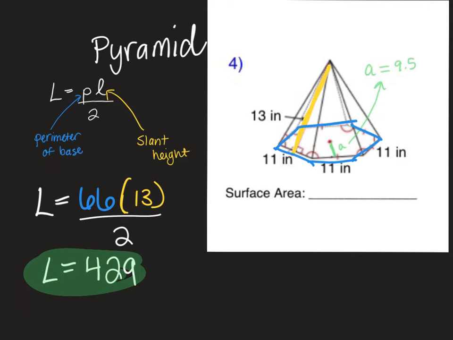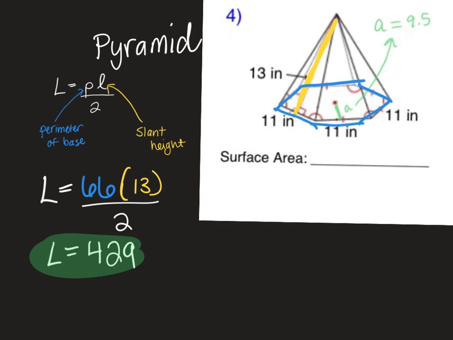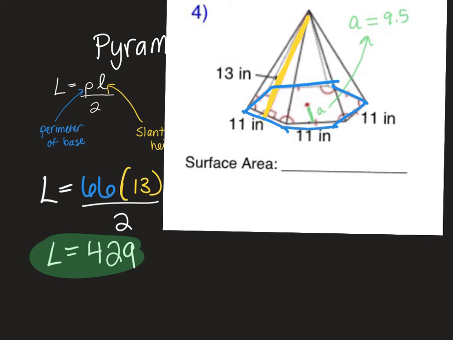So now we have to find the area of our base. How do we find the area of a regular hexagon? A equals 0.5 AP. So 1/2 times apothem times perimeter, or apothem times perimeter divided by 2. We know the perimeter already, right?